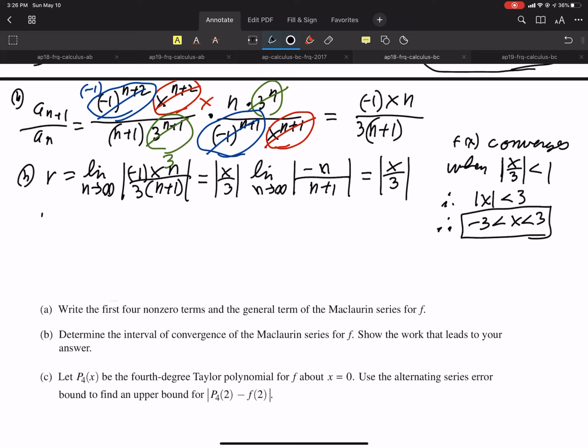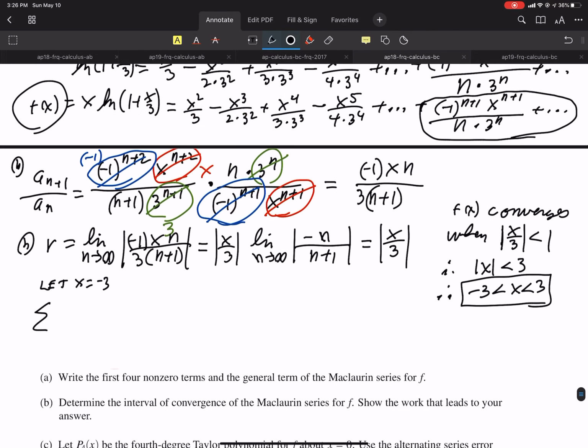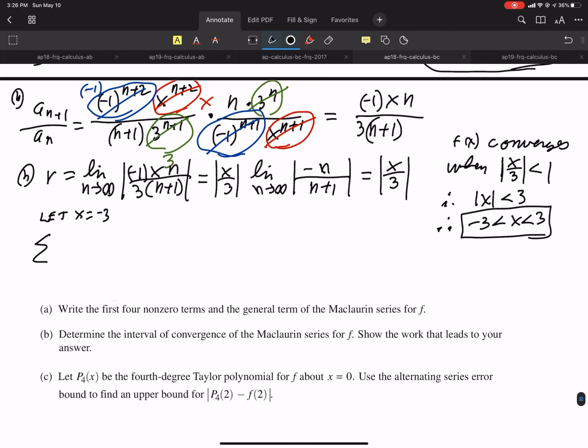So now we have to say, what happens on the left side? Let x equal negative 3. If we plug that in to our general term, which, I erased it all. Okay, if you have it on your sheet. So I'm going to replace the x in the original function with that.